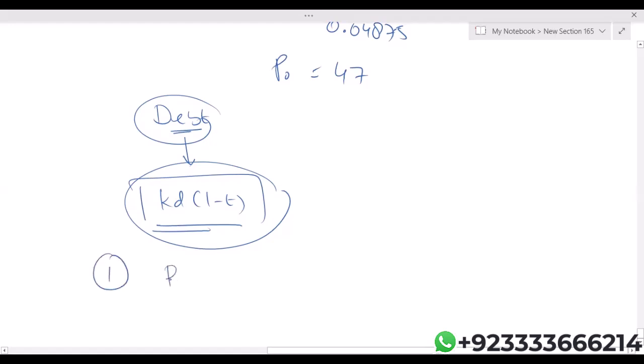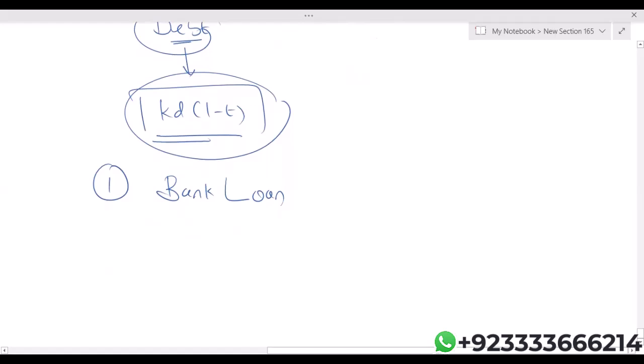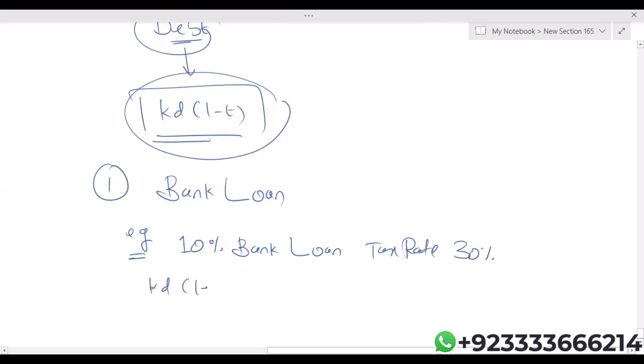Number one is bank loan. In case of bank loan, calculating KD1 minus T is extremely easy. For example, if it is a 10% bank loan, and let's say the tax rate is 30%, and we are asked to calculate KD1 minus T, very simple.